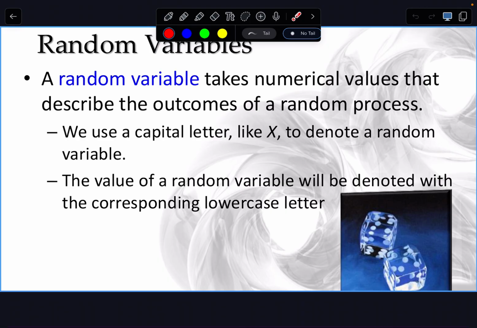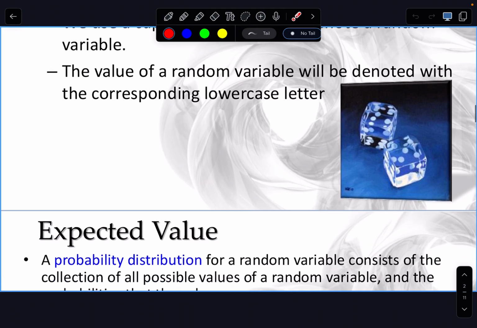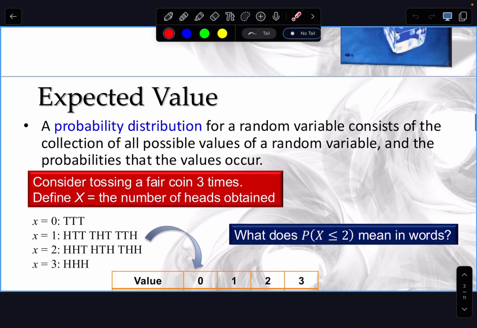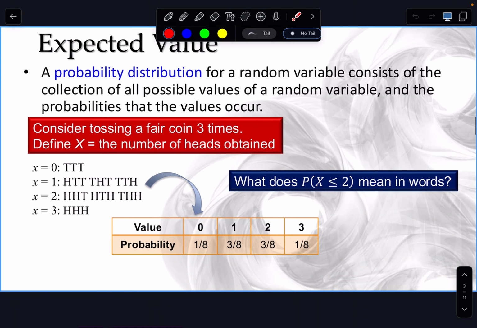Once we define our random variables, the next part of this is creating our probability distributions. And this is the review part. We did these back in the first half of the unit. So when we create a probability distribution, we list the possible outcomes. And then for each specific outcome, we assign a probability.